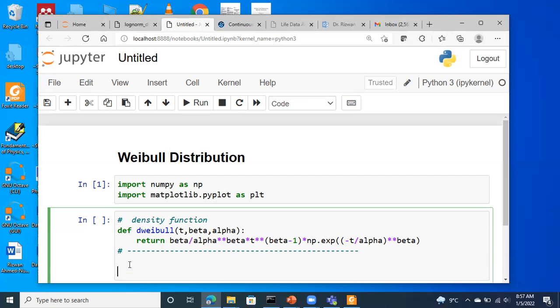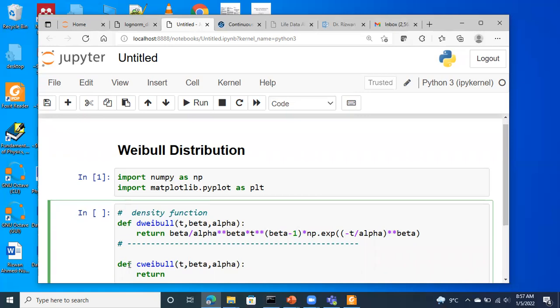And the next function that I'd like to define will be the CDF function, right? So I call it the cumulative function. Define C Weibull, so t, beta, alpha.